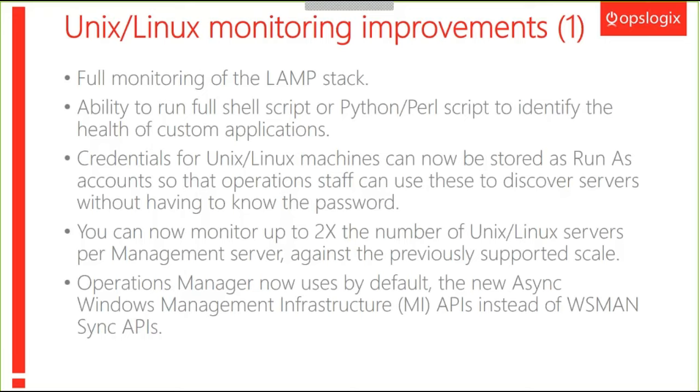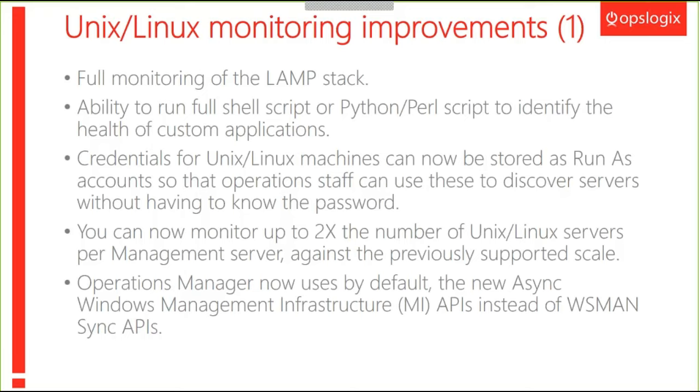Another ask Microsoft had was to store the run as accounts, or the credentials for the Unix Linux machines, in run as accounts, so that we now know that things are encrypted and stored safely in the operations DB, which is the case with 2016. And they worked on scale.